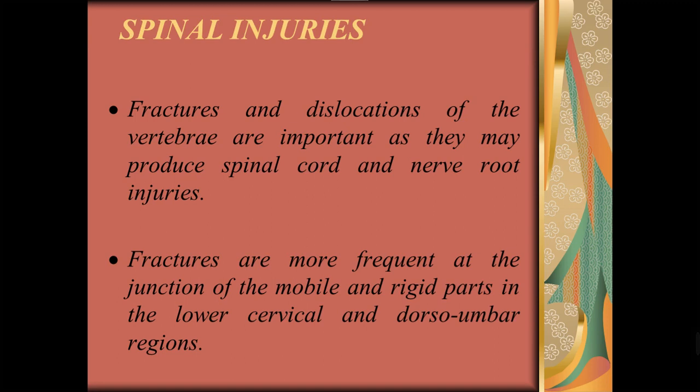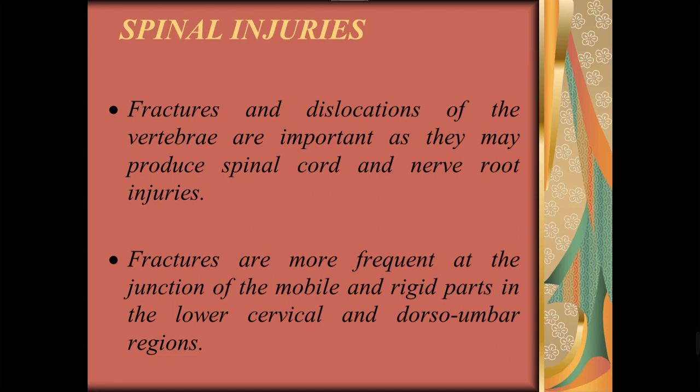Then, if we go down after T1, because you know that the brachial plexus has a nerve root from T1 as well. Then after T1, I mean T2, 3, 4, 5 until L1, at these levels, if there is severe and complete injury to the cord, then there will be sparing of both upper limbs.